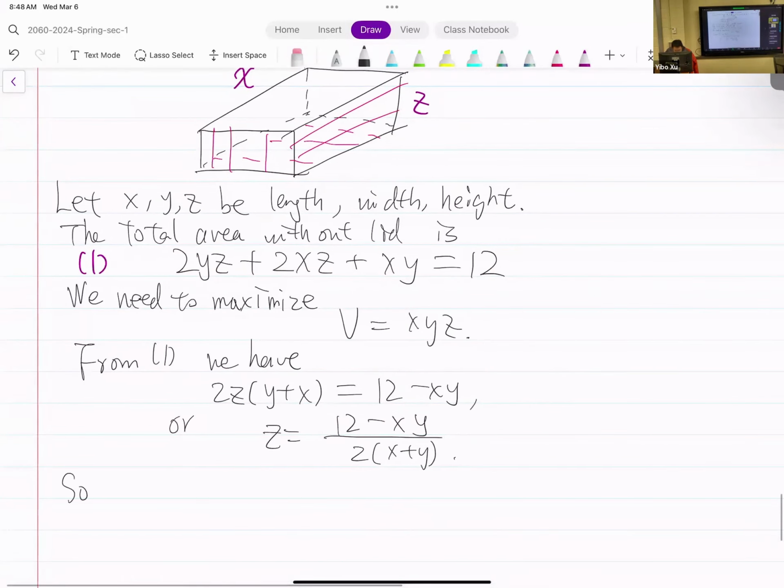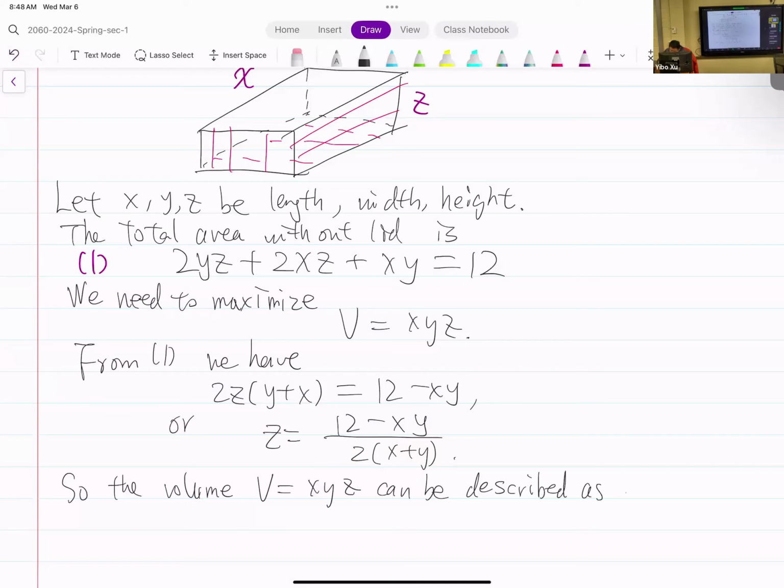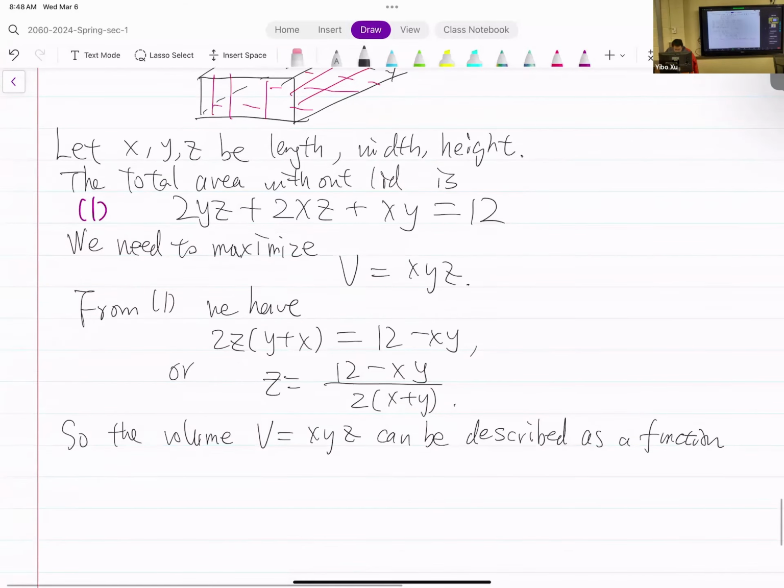So the volume V equals xyz can be described as a function in 2 variables, x and y.